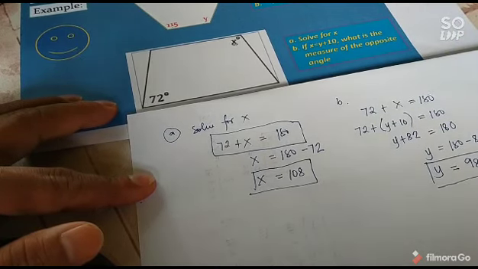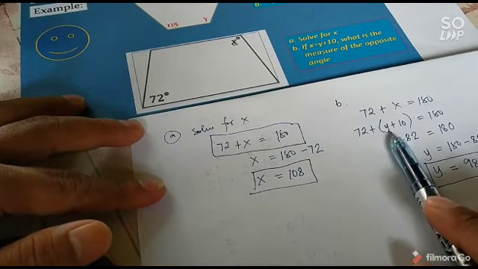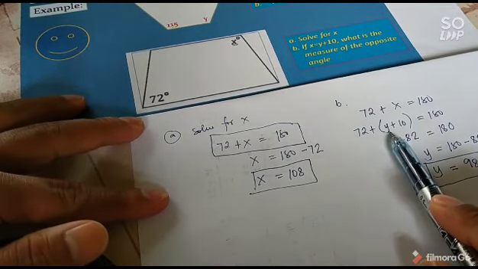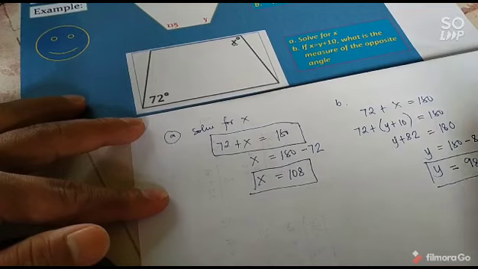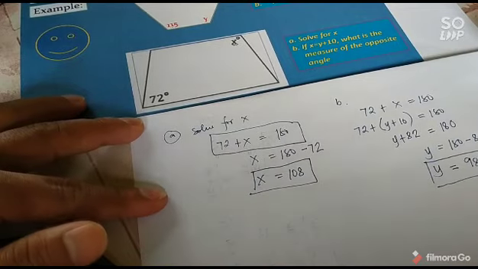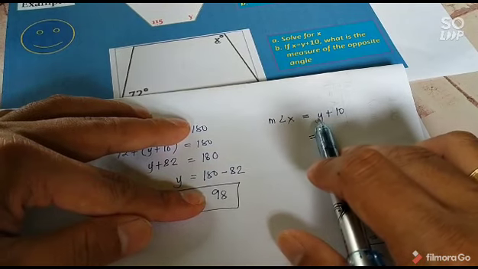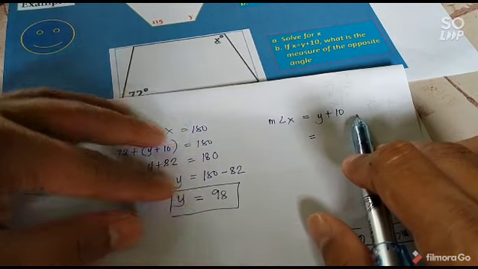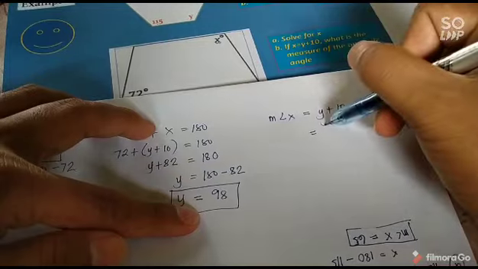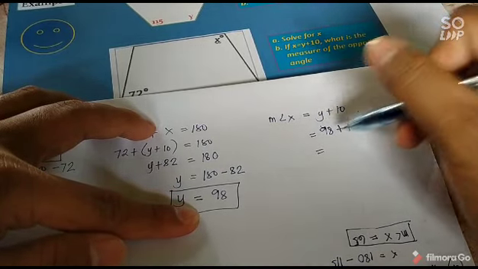Alright. So in that way, how much is the measure of angle x, if we have already solved the unknown value of y, which is 98? So again, measure of angle x is equal to y plus 10. The y value is 98, so substitute 98 plus 10.